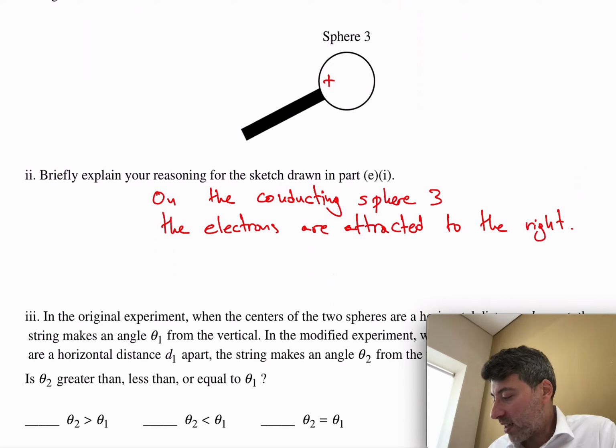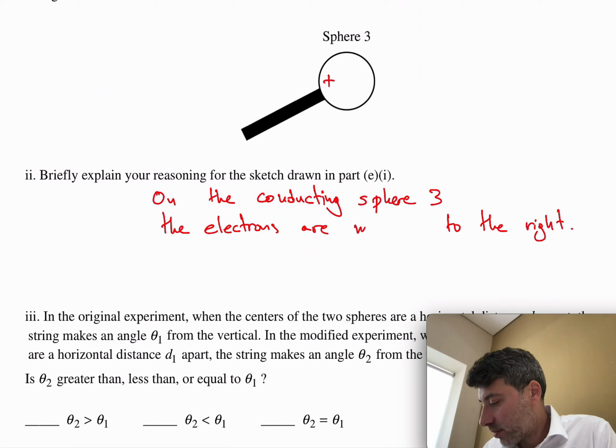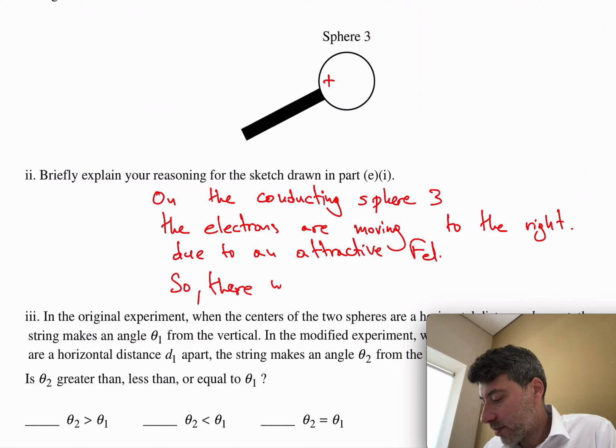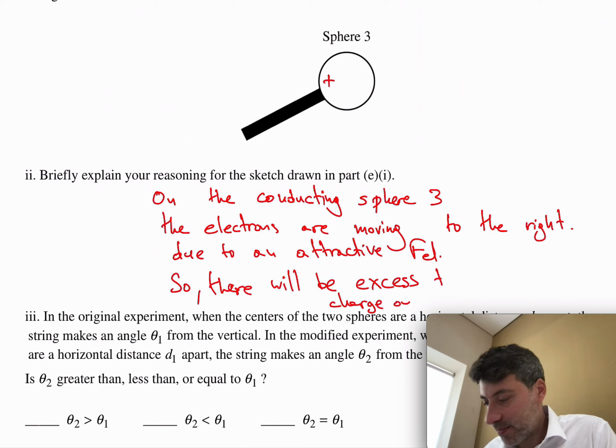Actually, they are moved to the right by the electrostatic force. It's a little bit better to say that they are moved to the right due to an attractive force. So there will be excess positive charge on the left side.